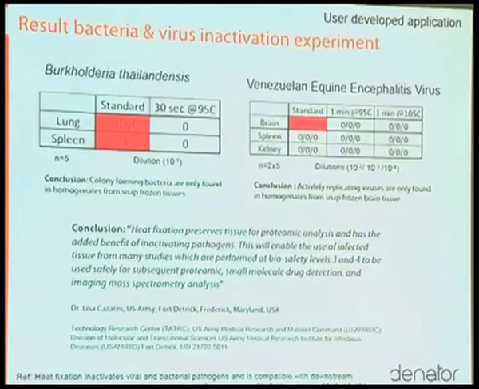If you have samples from, say, a human sample, and you don't really know what type of pathogens this patient may or may not have, this can be a way, in addition to stabilizing the biomolecules, to also reduce the level of pathogens in the sample.